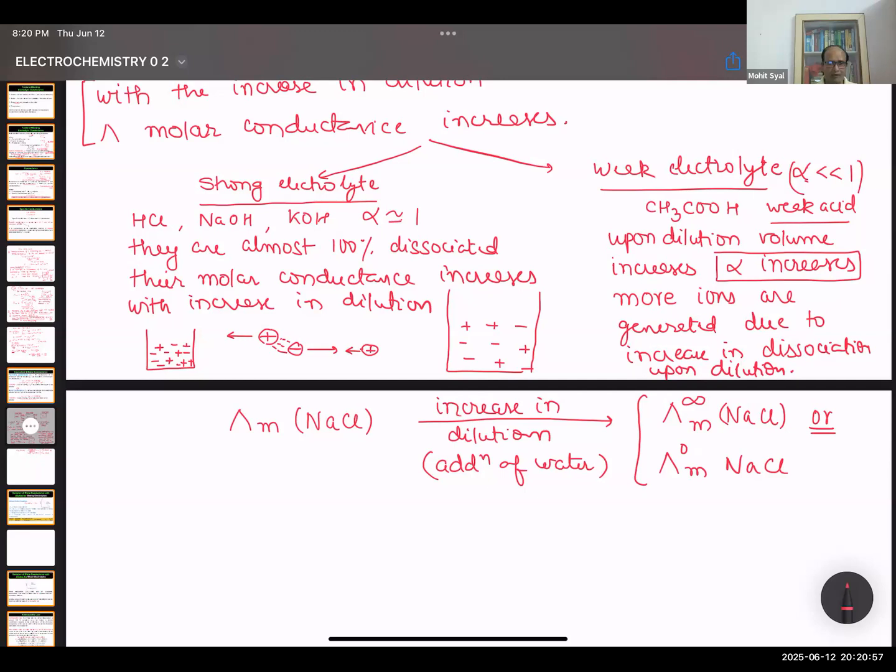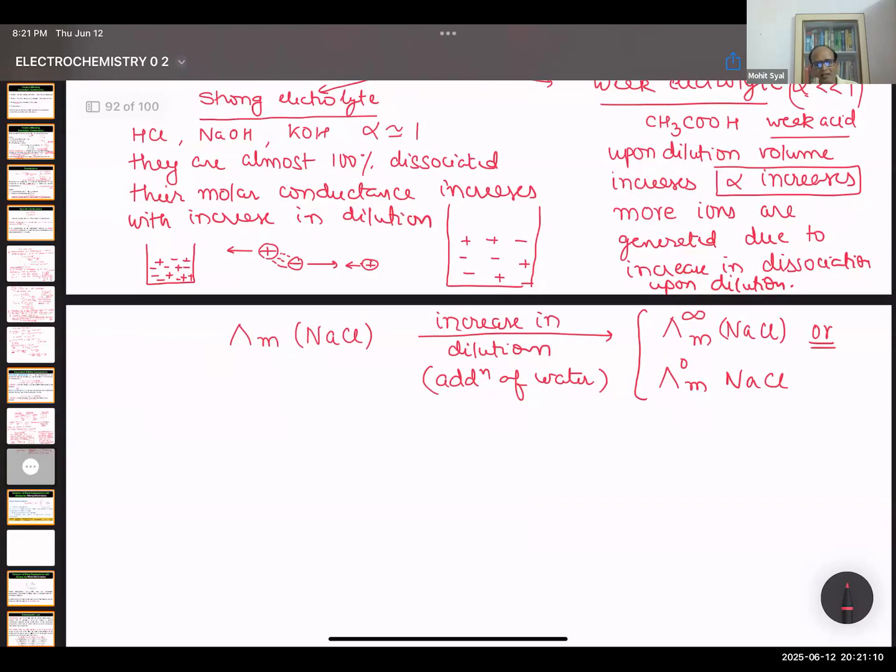It is not a superconductor. So it reaches its maximum value. For each salt, it reaches its maximum value, the maximum value of the molar conductance of a compound.